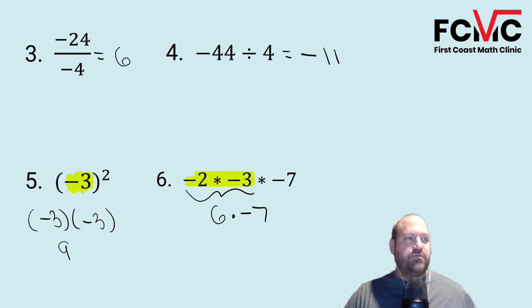So now we're multiplying a positive times a negative, two numbers that are opposite signs. When we multiply two numbers that are opposite signs, the sign of our answer is going to be negative. So our answer here is going to be -42.